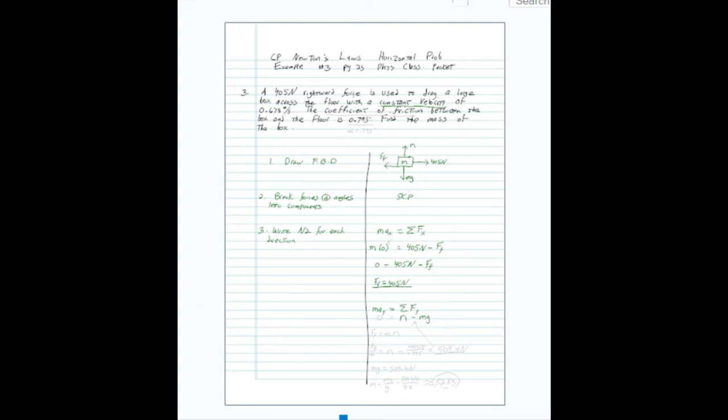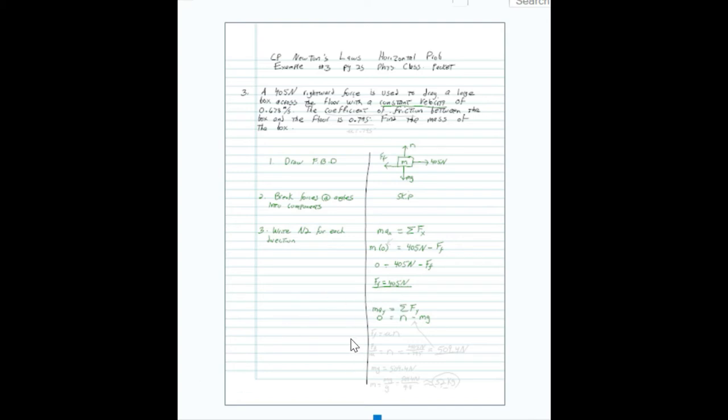And the acceleration in the y direction is 0 because it says it's being dragged across the floor. The box isn't accelerating vertically. It's not going up off the floor or down through the floor. So that's 0. But here's the problem. I don't know what m is, so I can't solve this right now.